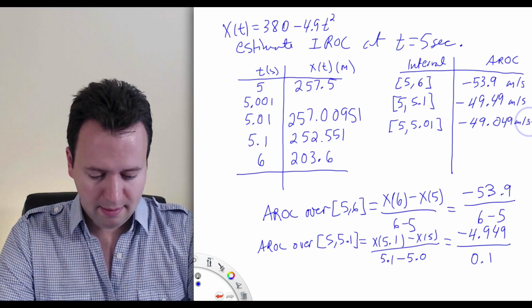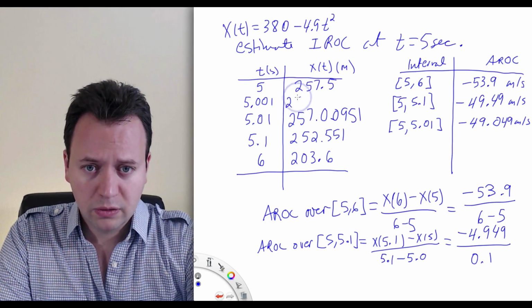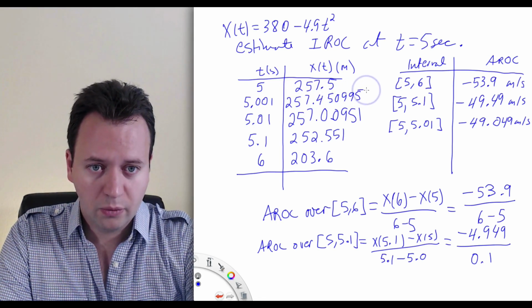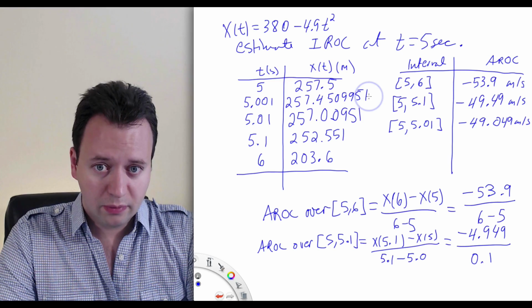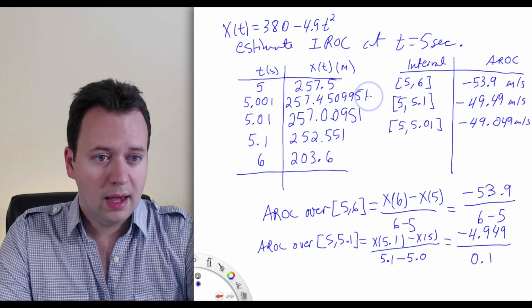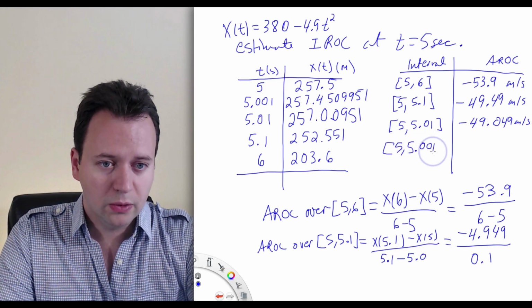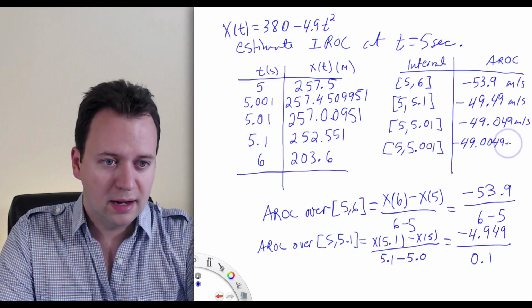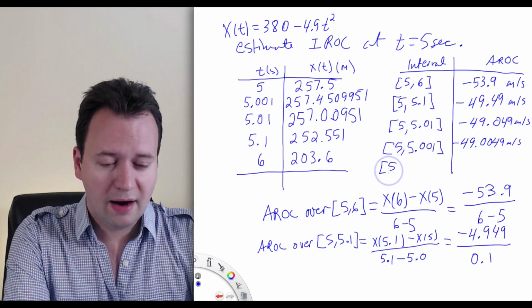Let's do it once again. 5.001 squared times 4.9, subtract that from 380, and we have 257.4509951. Subtract off 257.5, divide that by 0.001, and this time we get, for our average rate of change between 5 and 5.001, very interesting pattern is emerging, 49.0049 meters per second.